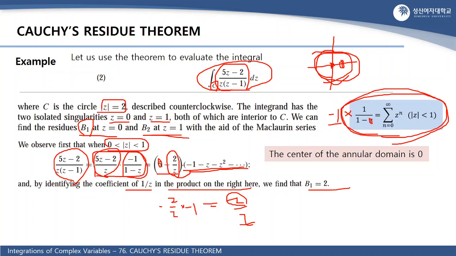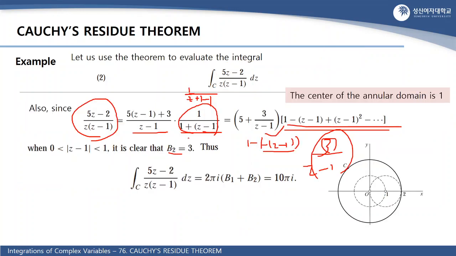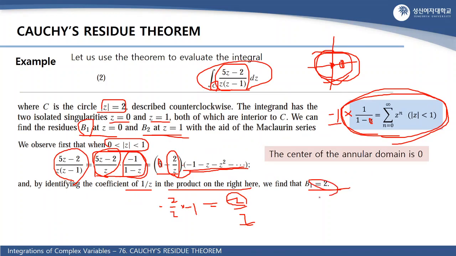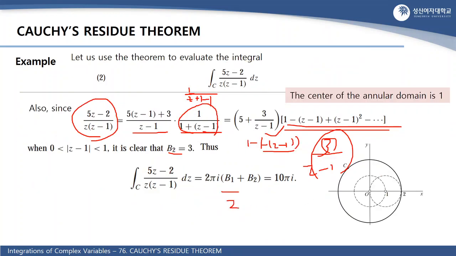So we found all the residues B1 and B2. B1 is 2 and B2 is 3. So we add these two numbers and get 5, times 2 pi i. Then we get this 10 pi i, which is the answer to the example.